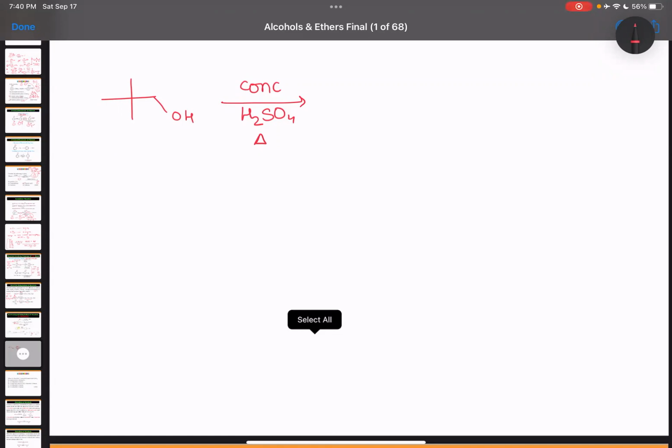It is going to be an elimination reaction. But straightforward, you can't get an alkene. You need to do something, and from that you need to get the alkene.